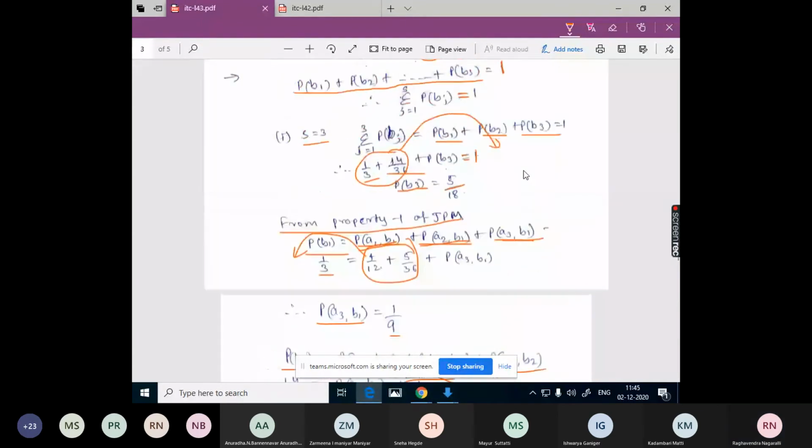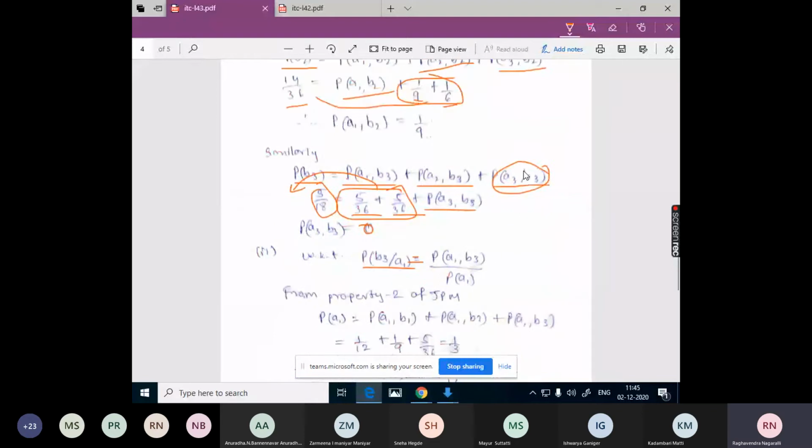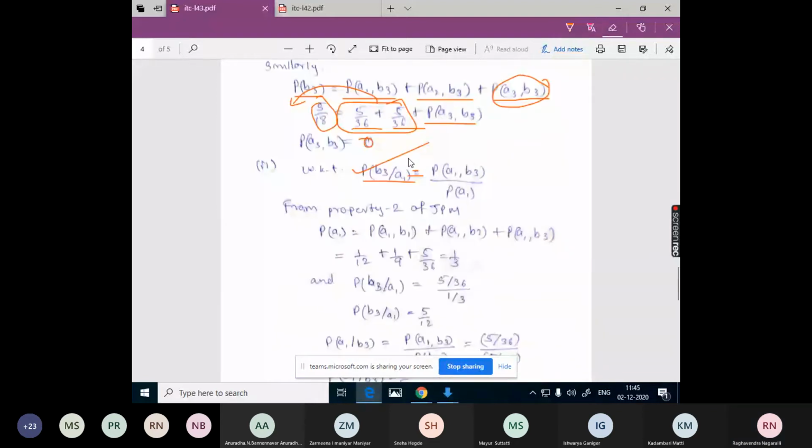Using the conditional probability rule, P of B3 by A1 is equal to P of A1 comma B3 divided by P of A1.